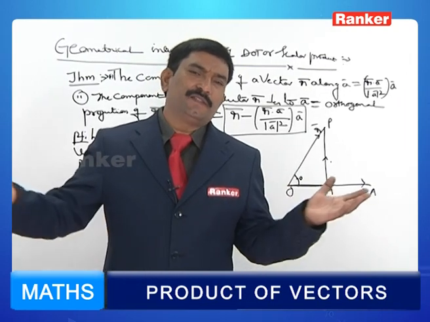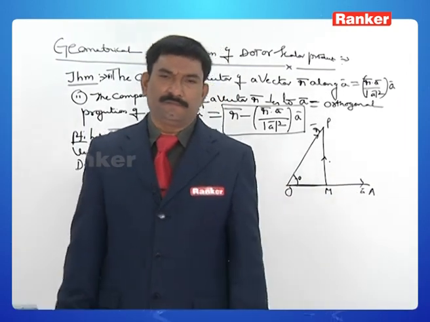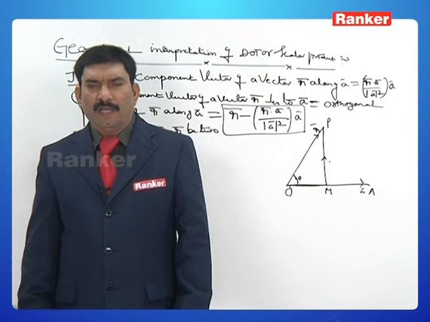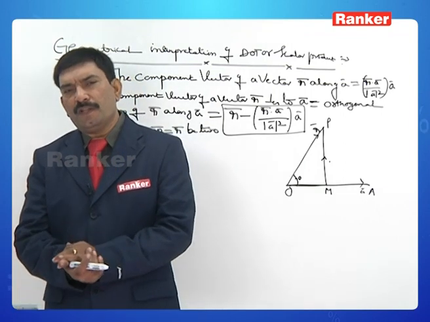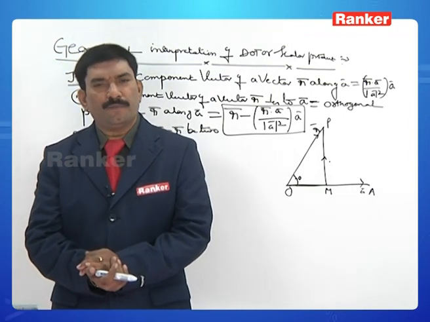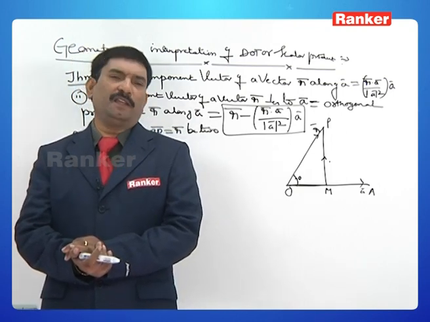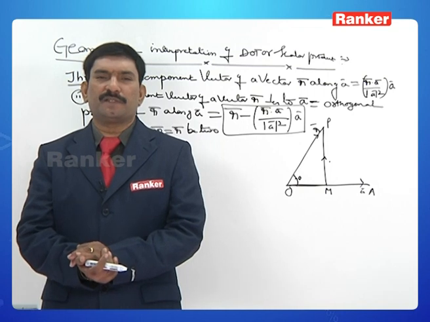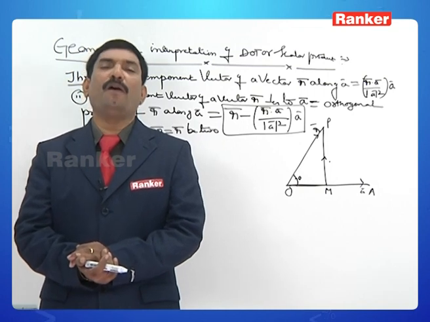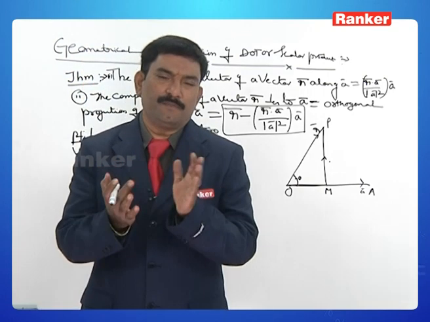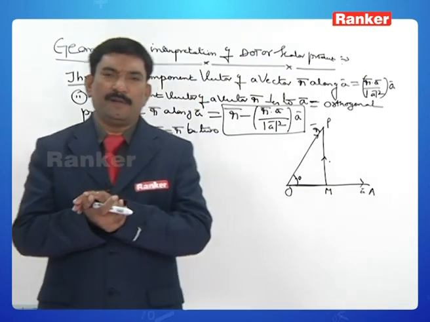Length is nothing but a projection, as I told from the geometrical interpretation of the dot product. OM is nothing but a length, and length is nothing but a projection, the projection of R bar on A bar.